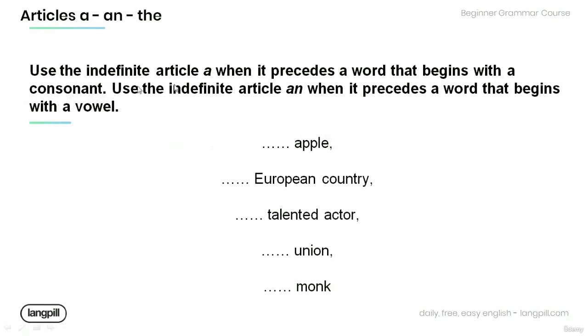Remember that we use the indefinite article a when it precedes a word that begins with a consonant. And we use the indefinite article an when it precedes a word that begins with a vowel. Have a look at the following list of words and fill in the blank using the appropriate article.